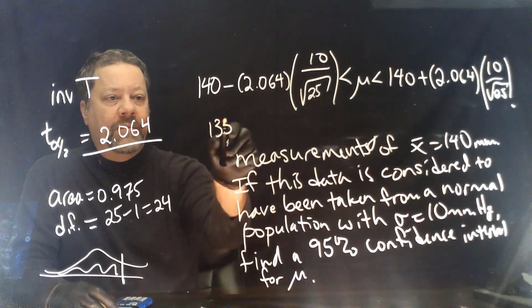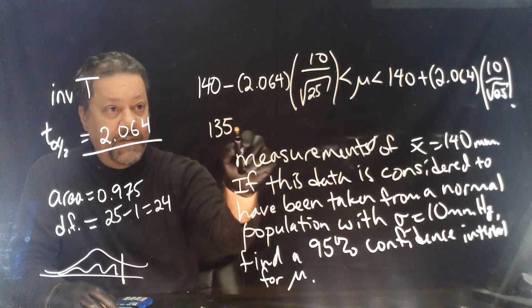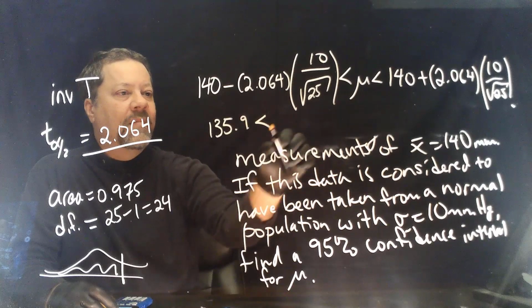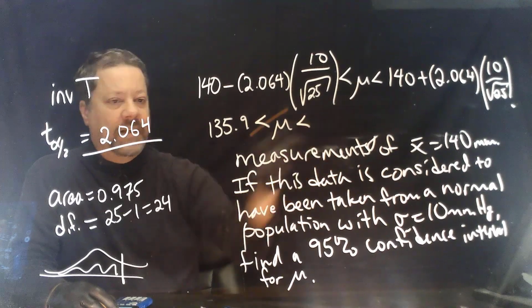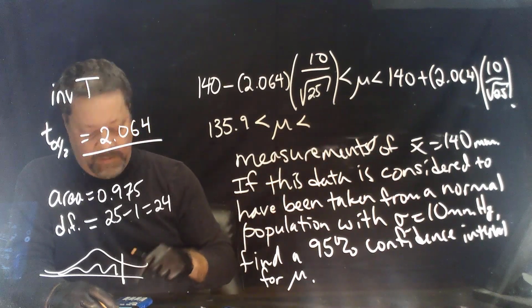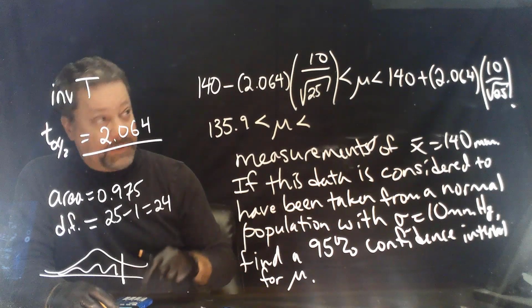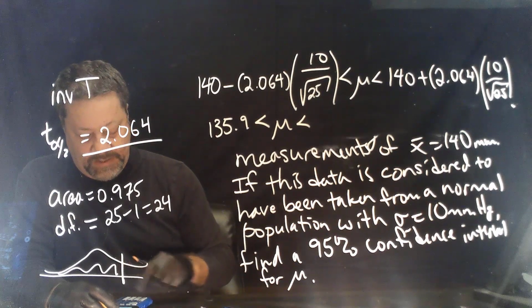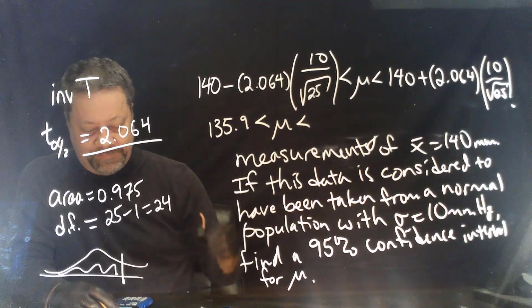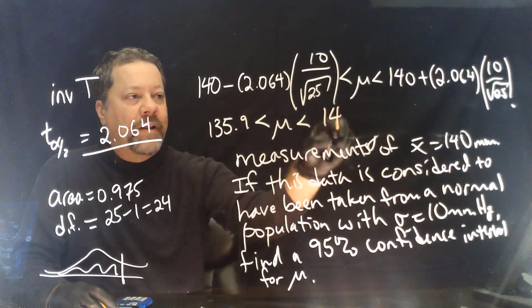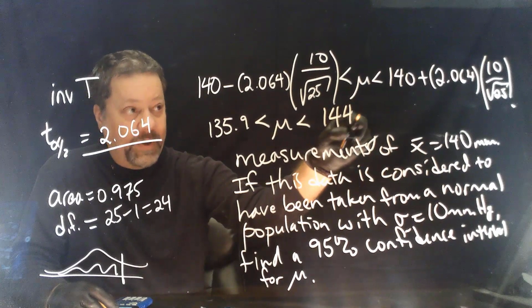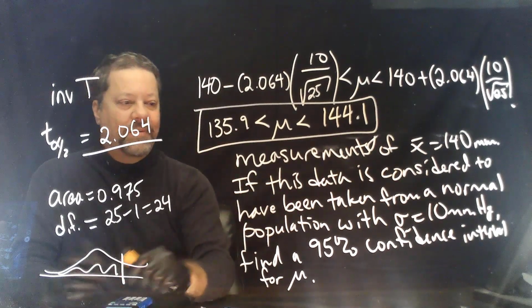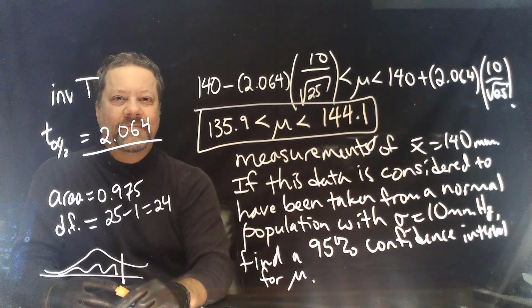So the lower bound is 135.9. And on the upper bound, 140 plus 2.064 times 10 divided by 5 is 144.1. And so there's your confidence interval.